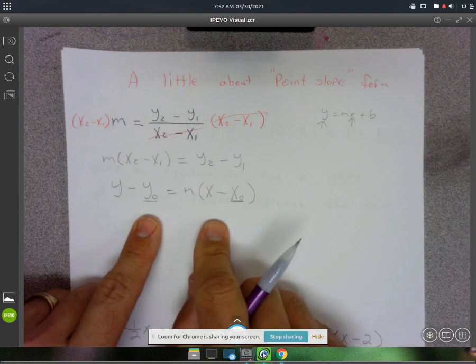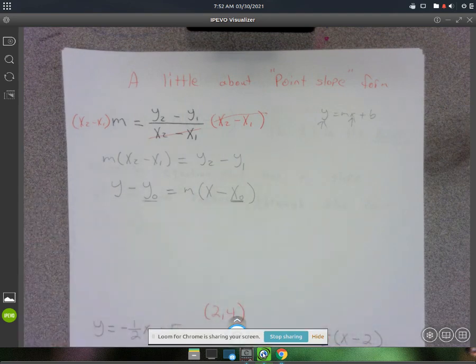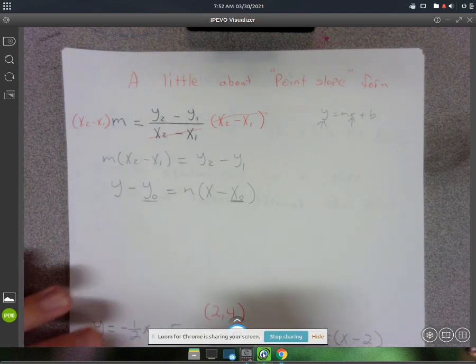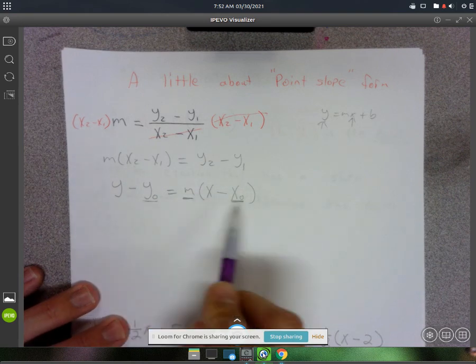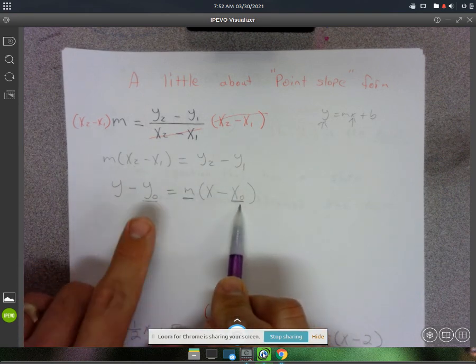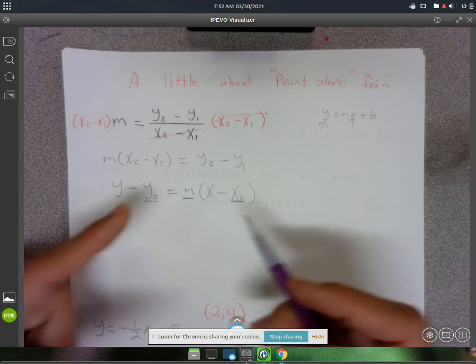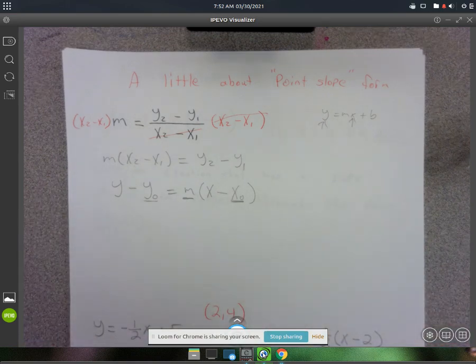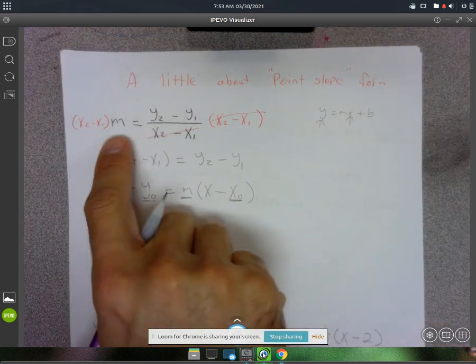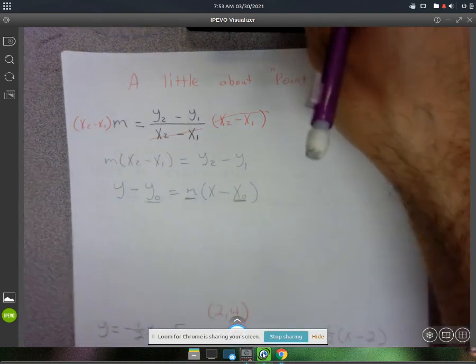So this is the point slope formula, and we're really just substituting in values for x naught and y naught, and for the m. So it's going to be a simple way to write specific equations, but it generally comes from this slope formula.